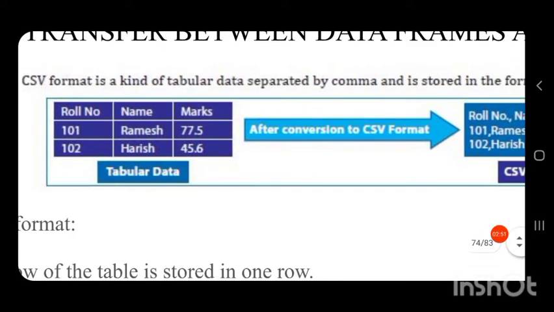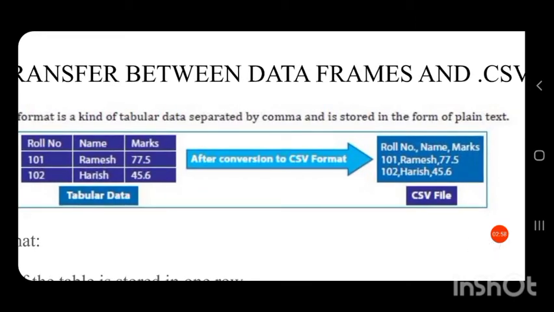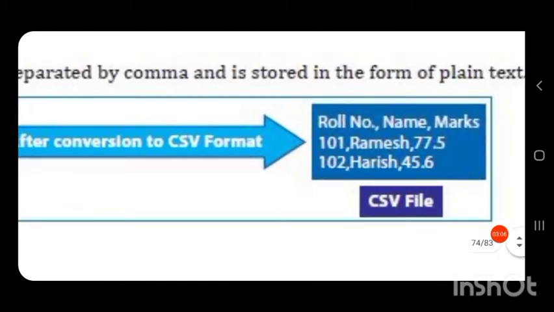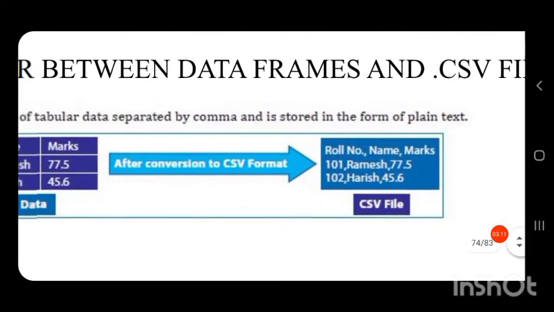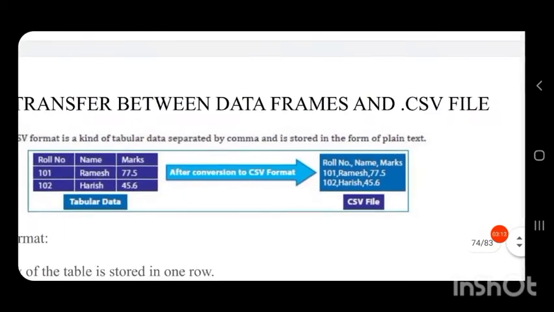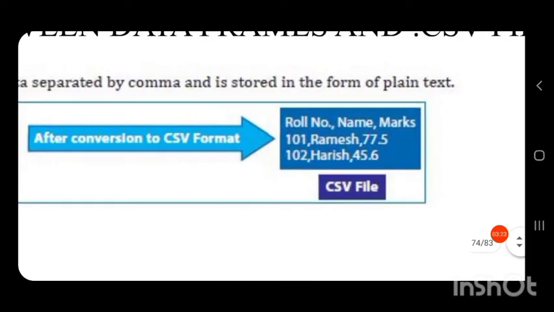When we convert this tabular data into CSV format, you can see the first row, that is these headings, roll number, name and marks, which are column names, are separated by commas. Then the next row, the values 101, Ramesh and 77.5, is converted to the next line of the CSV file: 101, Ramesh, 77.5.